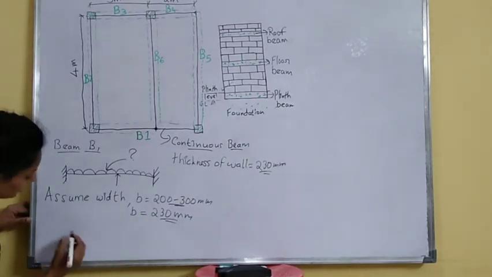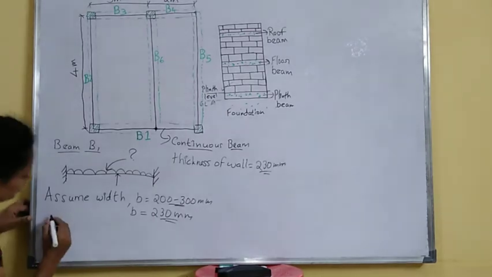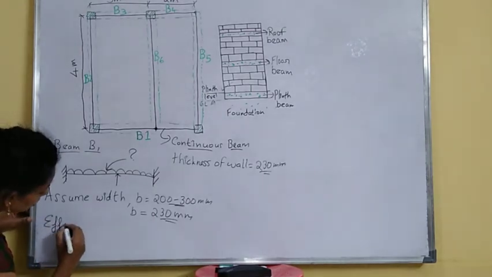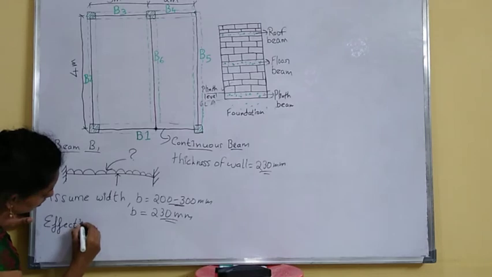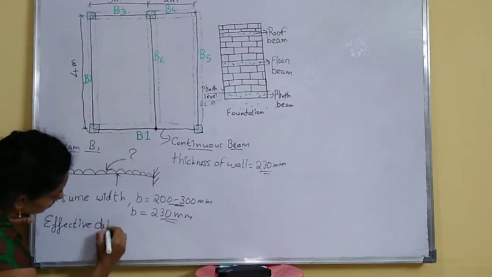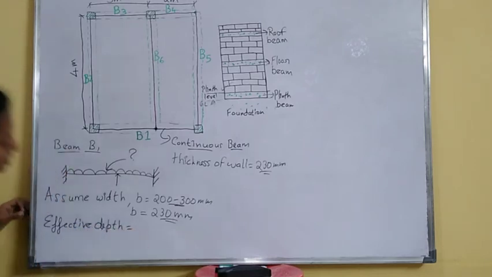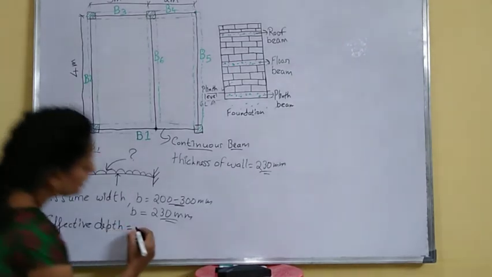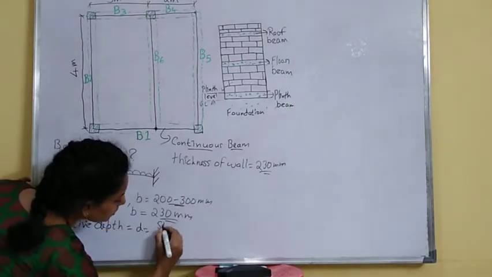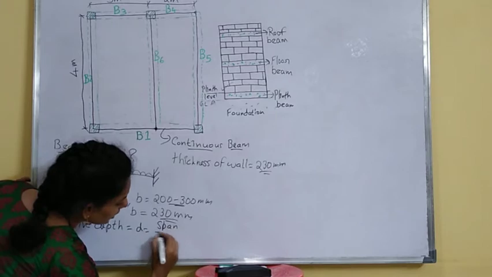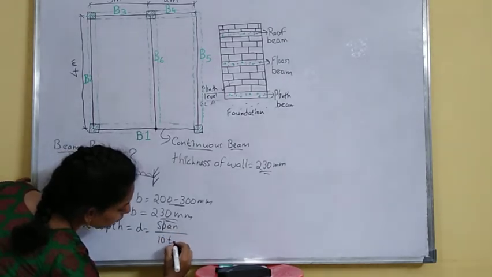Next, to find the effective depth, we have one formula, that is d is equal to span by a ratio of 10 to 15.